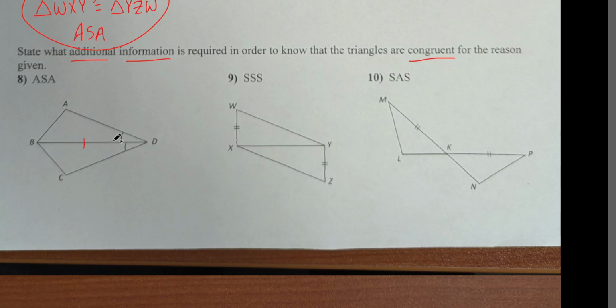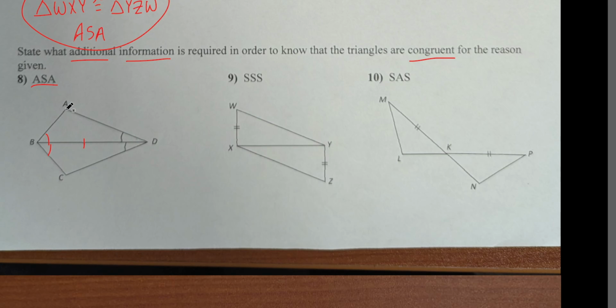So what's one more thing that we would need to know to say that these 2 triangles are congruent because of angle side angle? This angle is given, this side is kind of given, right? What's the other angle? It's this one right here and this one right here. I can't just say angle B though. What do I have to say?